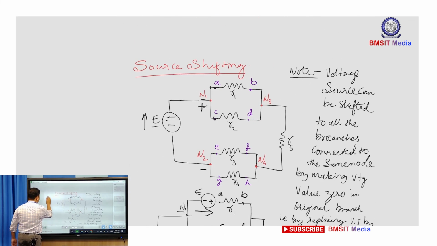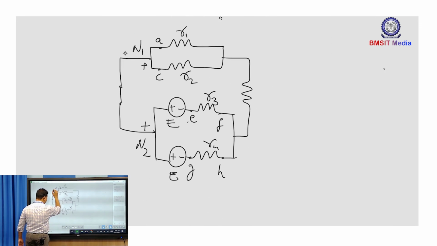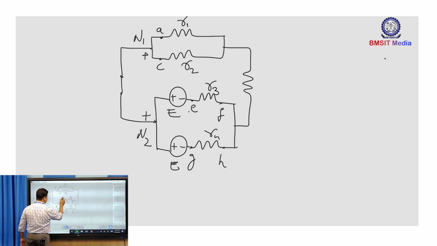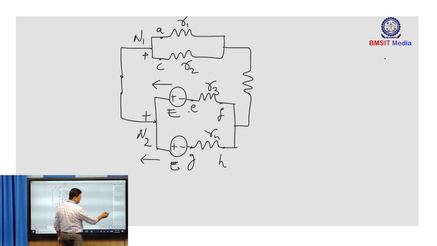The direction of E is clockwise in the original branch, and still the direction of E is clockwise in the shifted branch. So this care has to be taken whenever we are shifting voltage sources. Next we shall see shifting of current source.